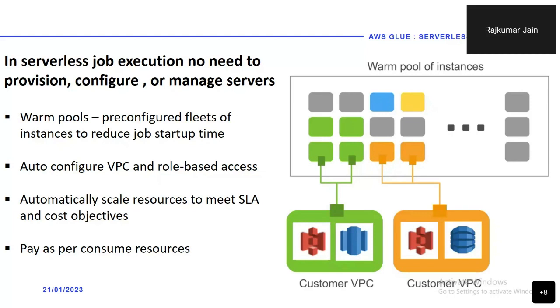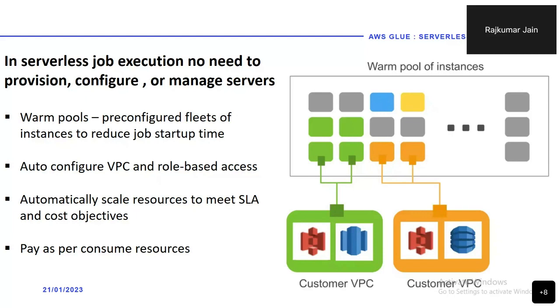Because it is initiated first and after that your job will execute. So first it consumes time for the initiation, and second, the processing time for the data. That is reduced, because that particular time and money are completely cut off. That's the best part of the warm pools, which are already pre-configured to reduce your job startup time.